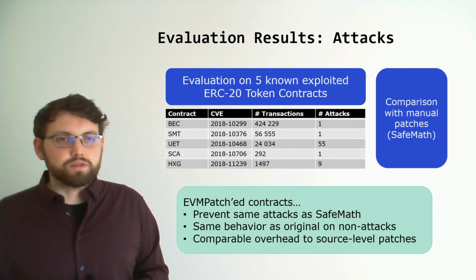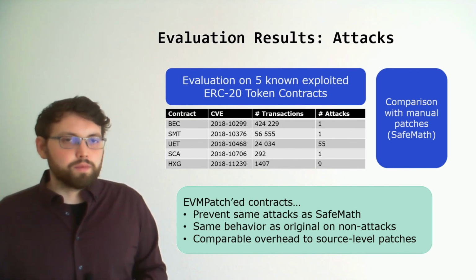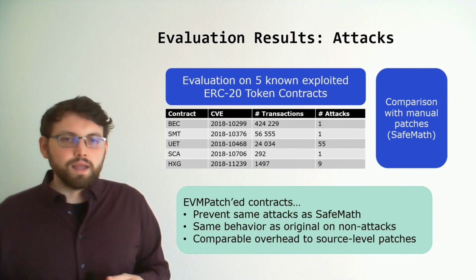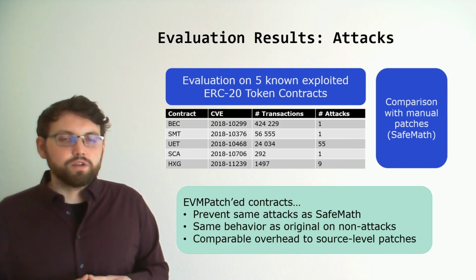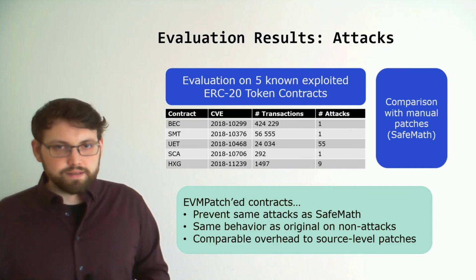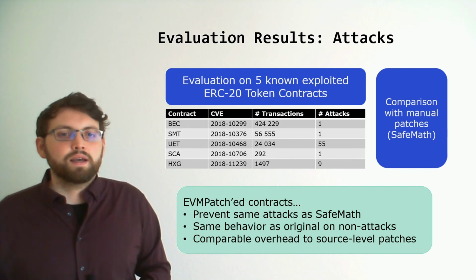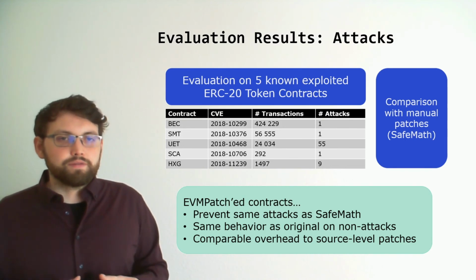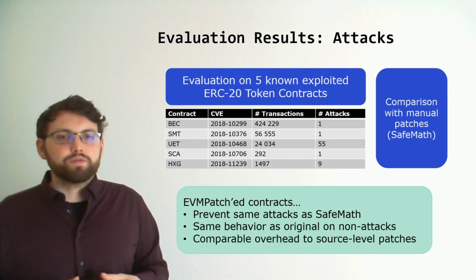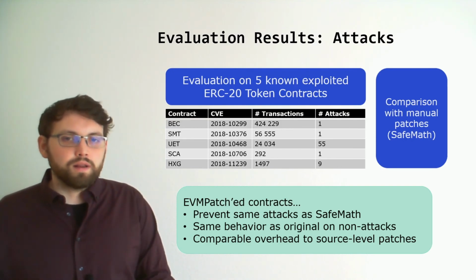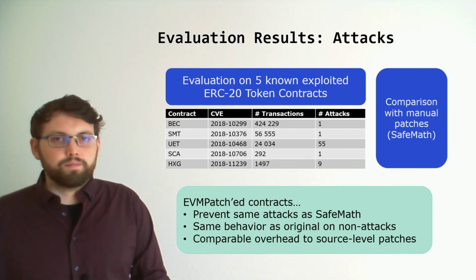So we patched all those contracts with SafeMath, a common safe integer library. And we ensured that EVMPatched contracts prevent the same attacks as the SafeMath patch contracts, and that they have the same behavior as the original contract, except for attack transactions. And we found that EVMPatch contracts have comparable overhead to source level patches with SafeMath.